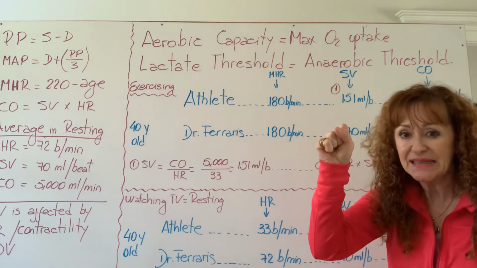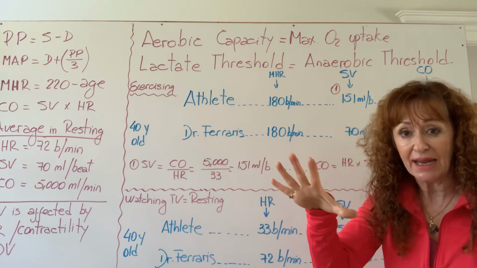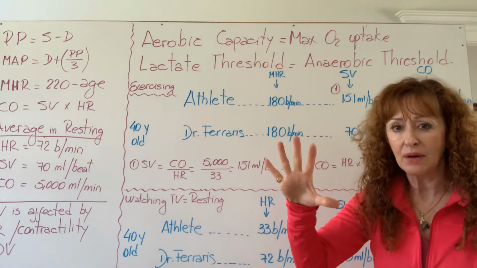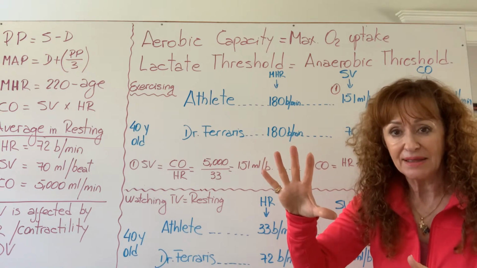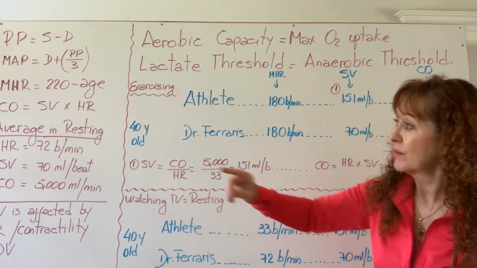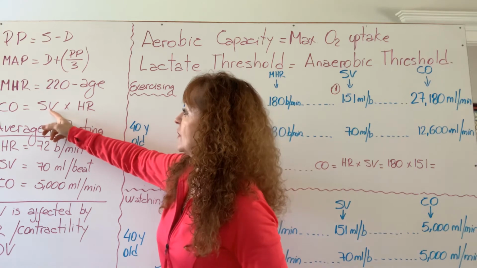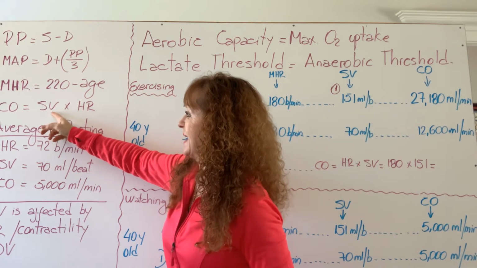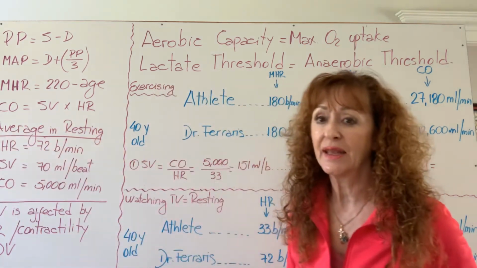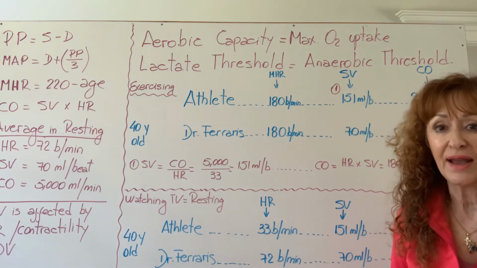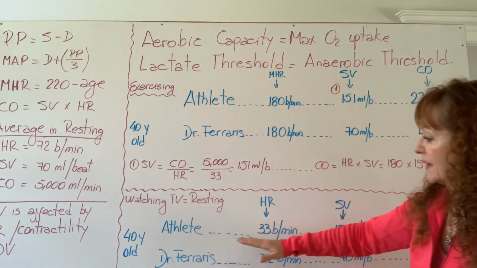Because of that, in any systole, in any contraction of the ventricles, you are able to eject way more blood. Your stroke volume, if you are an athlete, is higher. If the stroke volume is higher, we need to reduce the heart rate in order to produce the normal cardiac output, that is 5,000 milliliters per minute. Let me explain.